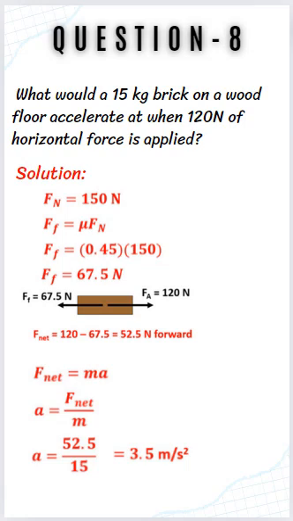Net force equals applied force minus frictional force, which is 150 minus 67.5 equals 52.5 Newton. This net force produces acceleration of the object according to the equation force equals mass times acceleration. Acceleration is equal to net force divided by mass of the block, which is 3.5 meters per second squared.